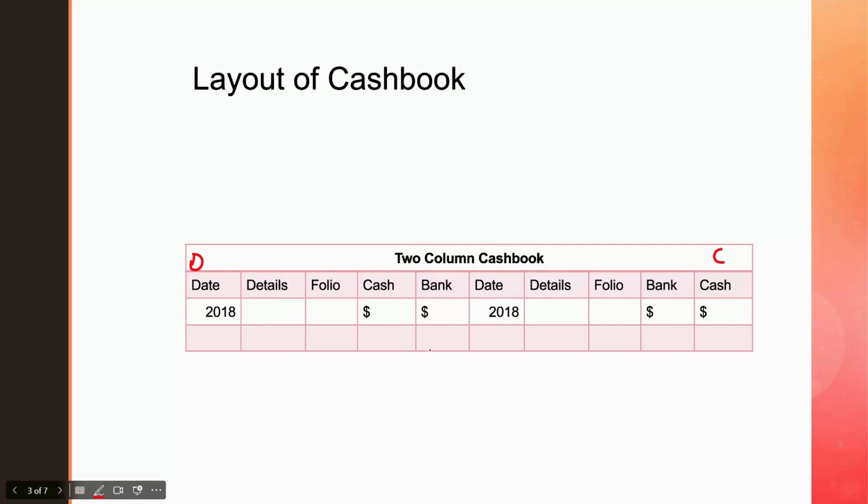That is the debit side. And then on the credit side, you have date, details, folio, bank, and cash. So on both sides, you will see the cash and the bank column. And that's for the 2-column cash book, which is the one that we're looking at in this video.